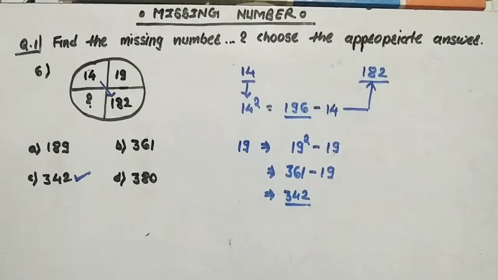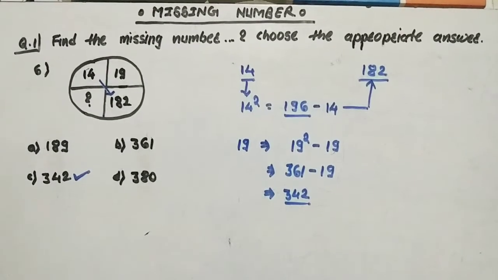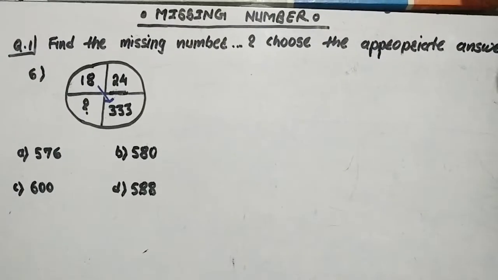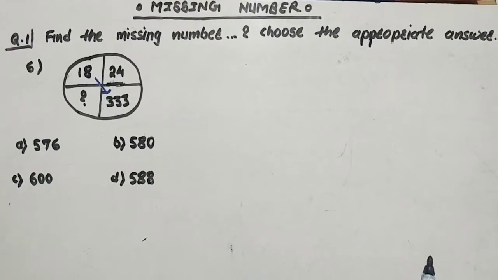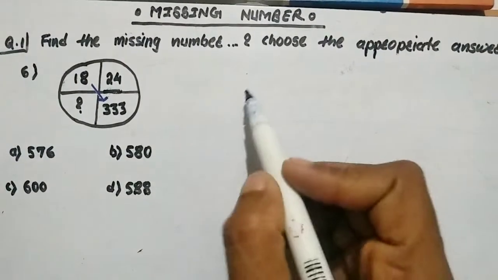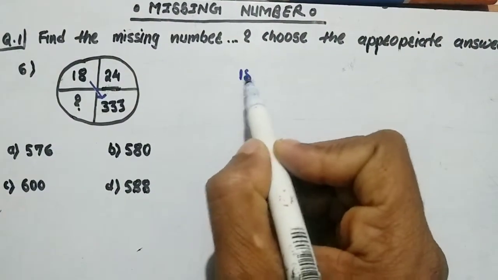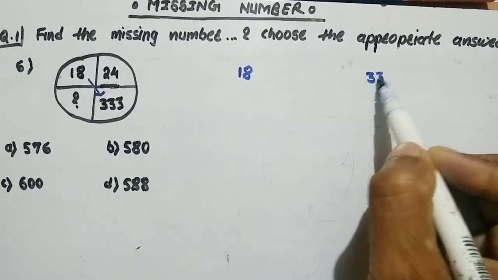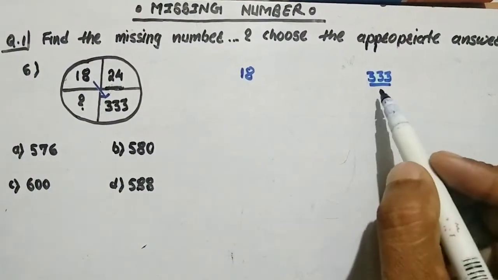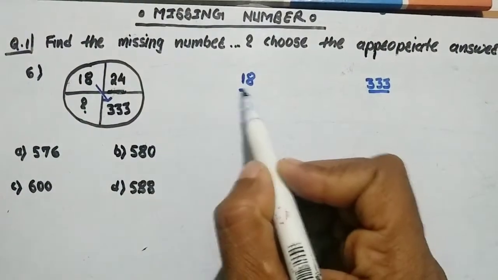I will explain one by one in the videos. So next example, 18, 24, 333, and find the missing number. So we always choose opposite numbers, that is 18 and 333. So first we find out how 333 is derived from 18.